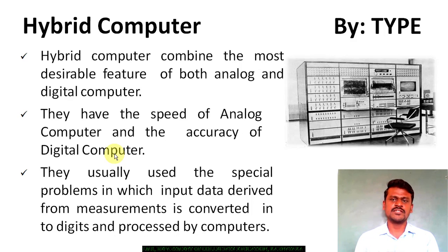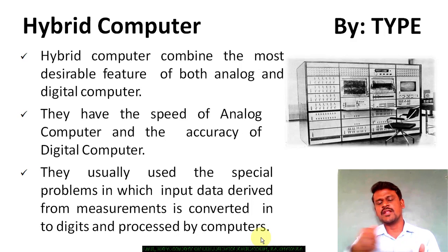So they take both combinations and have made it as a hybrid computer. They are usually used for special problems in which input data derived from measurements is converted into digits and processed by computers. This means it will take the input as analog or digital and process the data.